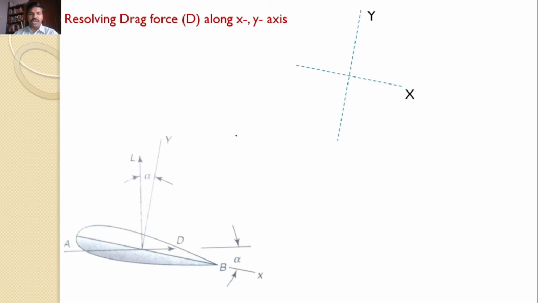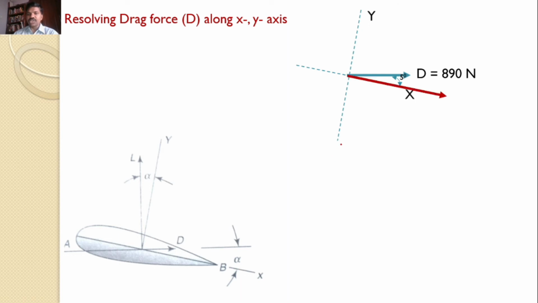Now I would like to resolve the D force, hence I am drawing the D force now. Given that the D force is horizontal and also makes an angle of 5 degrees with the x-axis, we can resolve this D force along x and y axis.